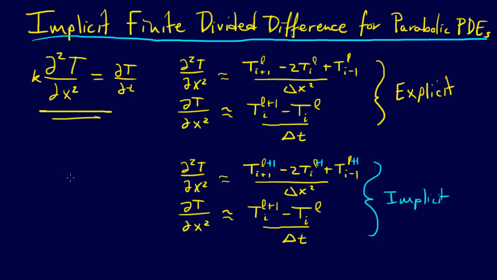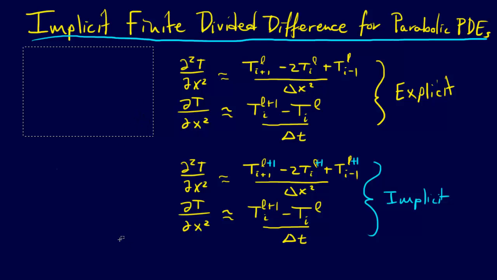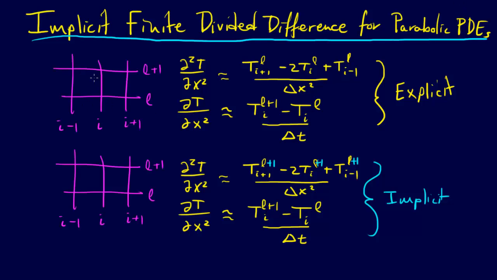And the other thing that's nice to do is look at the computational elements. Let me draw those, and then I'll come back and explain them. All right, so I drew at least the frames for the computational elements here, and what we're going to look at is what points this explicit method uses.